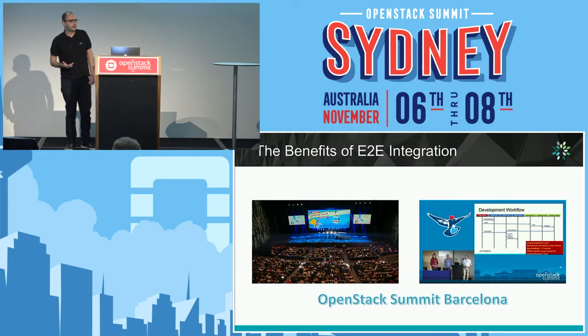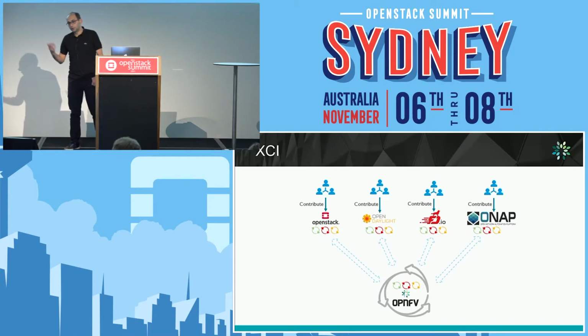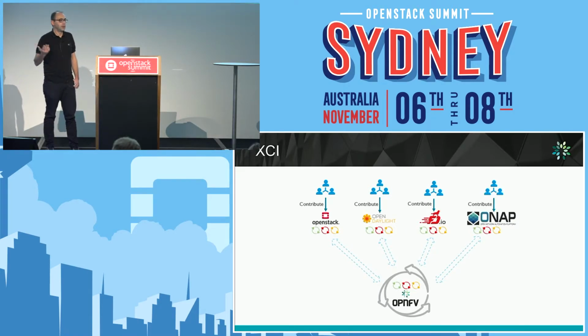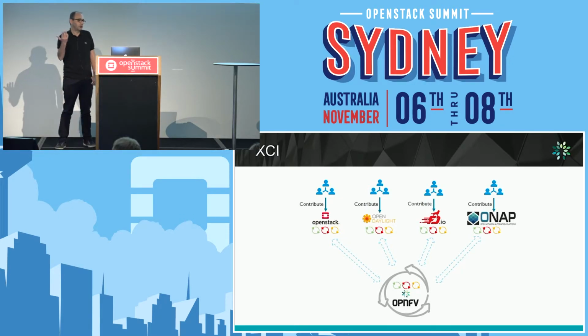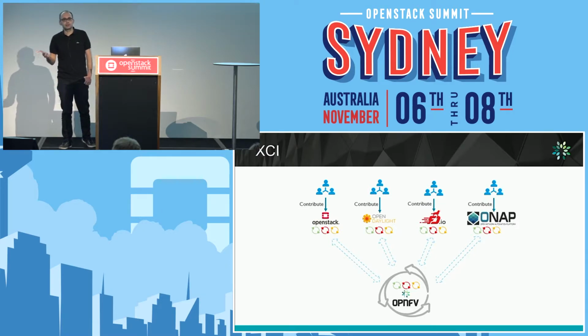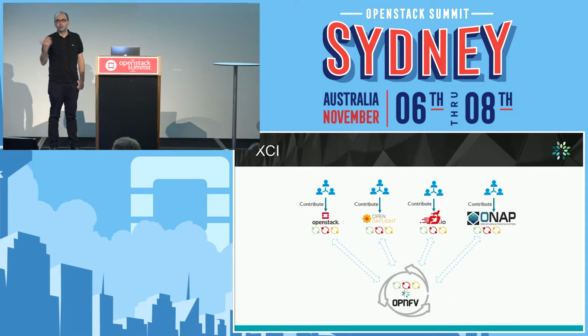We started this with Bifrost and Puppet Infra Cloud, and later on we replaced Puppet Infra Cloud with OpenStack Ansible, and this in turn turned into cross-community CI. Initially we called this third-party CI to OpenStack because that is the terminology you use. But what we are doing is a bit more than third-party CI because we are trying to do this for all the communities we are working with.